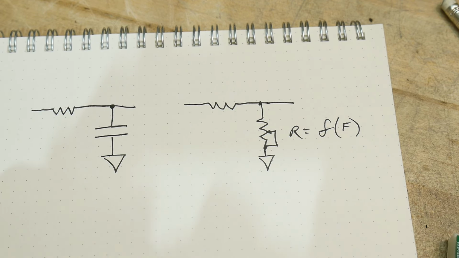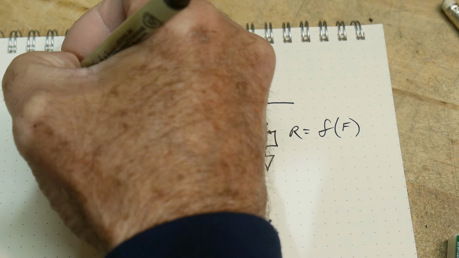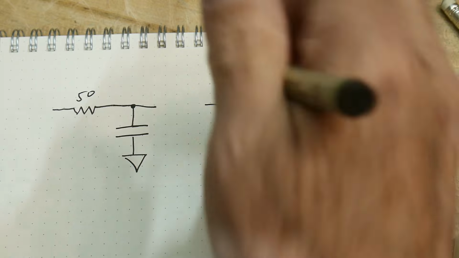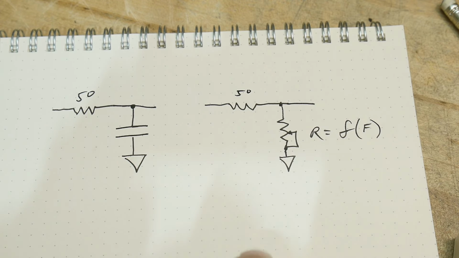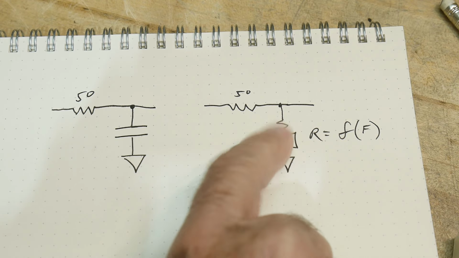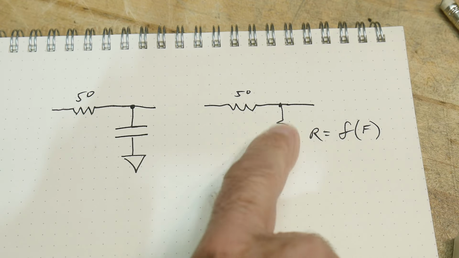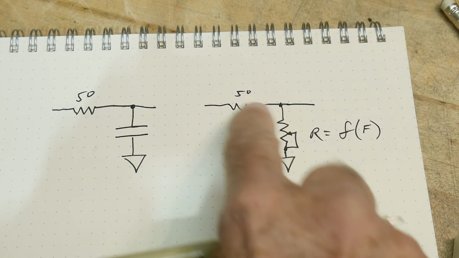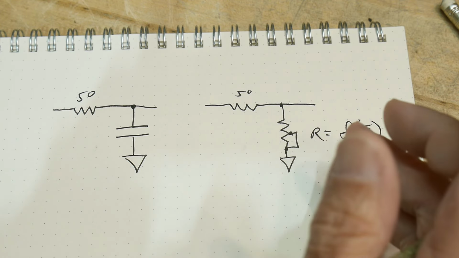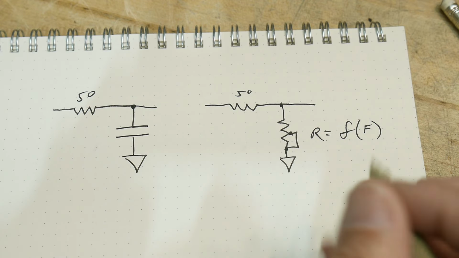And you can imagine in a system, maybe this is a 50 ohm resistor, okay? And what happens where the frequency makes this resistor 50 ohms as well? Well, then you have a voltage divider and you'll only get half of what you started out with, okay?